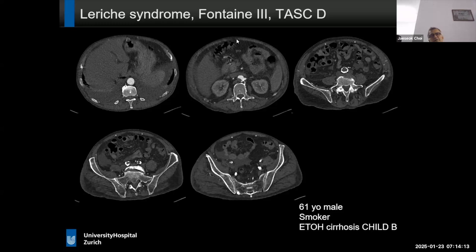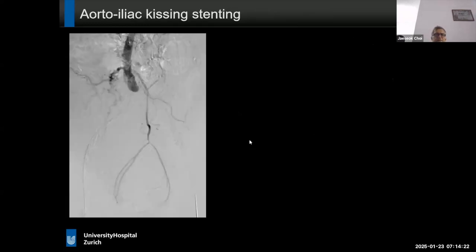However, due to the comorbidities, he is a bad candidate for surgical replacement. So that's the angio. After having crossed the lesion, you see here the terminal aorta is occluded.